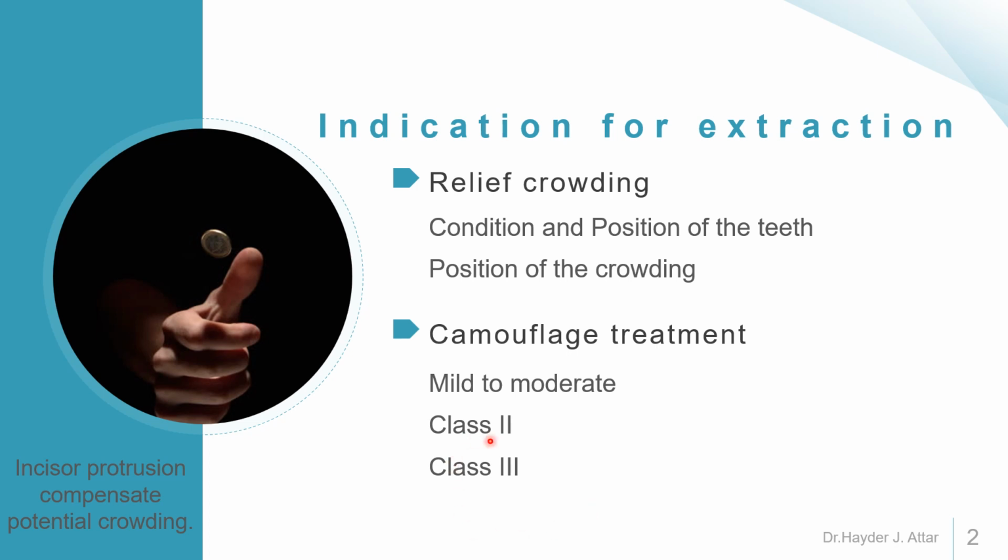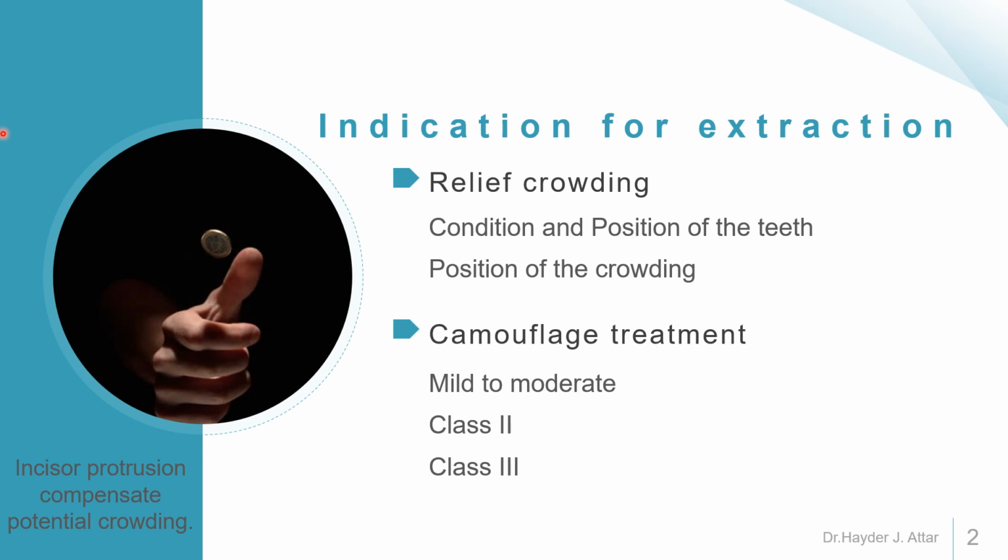While in class 2 cases with abnormal upper proclination and a normal lower arch, we prefer extraction only in the upper arch, which is the first premolar.